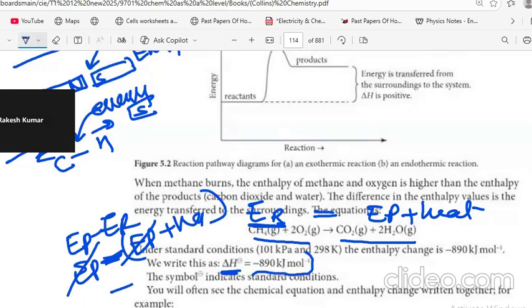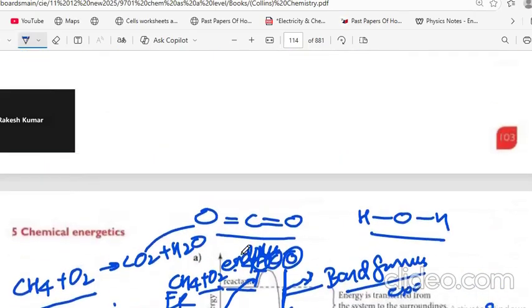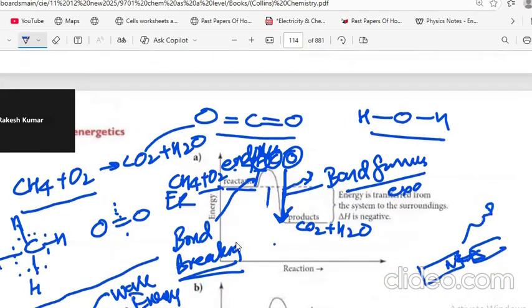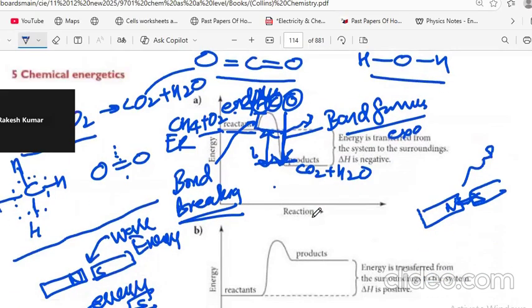So that's why exothermic reactions are negative. They are indicated either by writing plus heat here, or by writing delta E. The change in energy is negative. This negative happens because you have come down. This is the delta E, this depth. So this is the whole process.